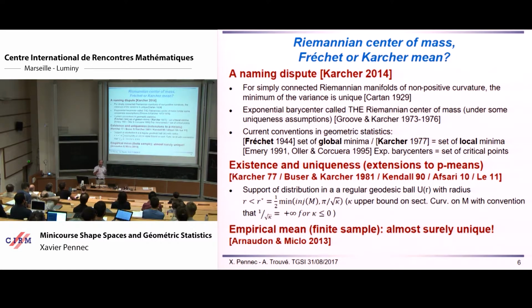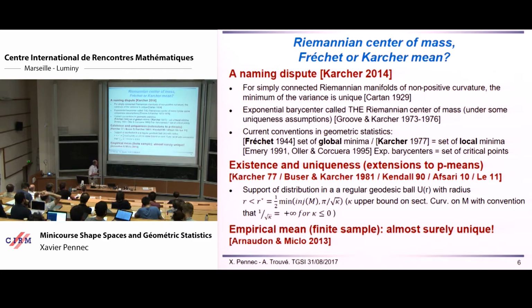One is sufficiently small with respect to the curvature, but also at most half of the distance to the cut locus. If you have topological constraints, then this also restricts the domain in which you have uniqueness. So in these conditions, you have uniqueness at least for the two mean.